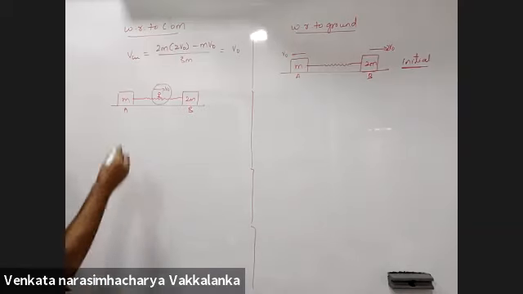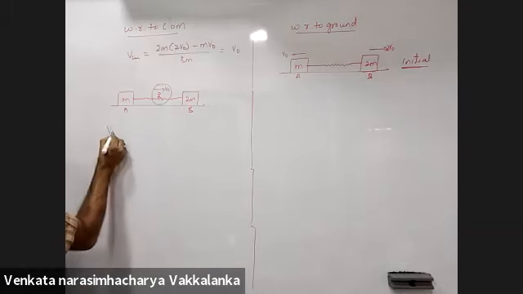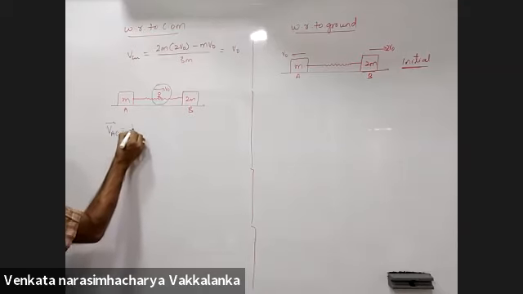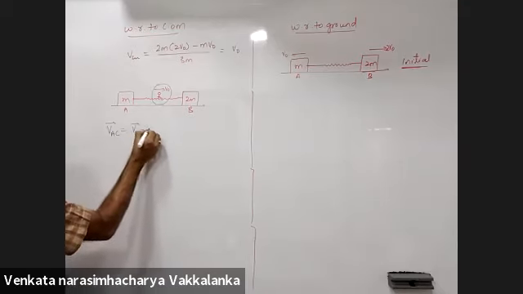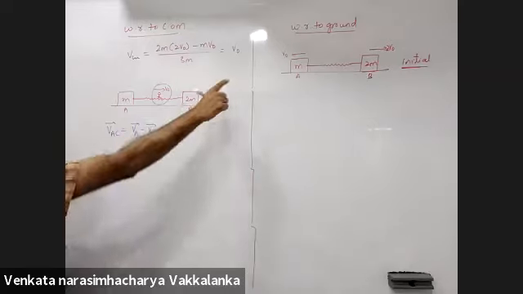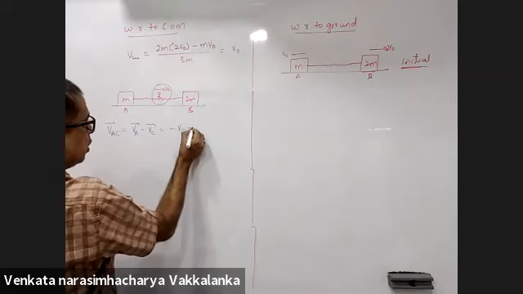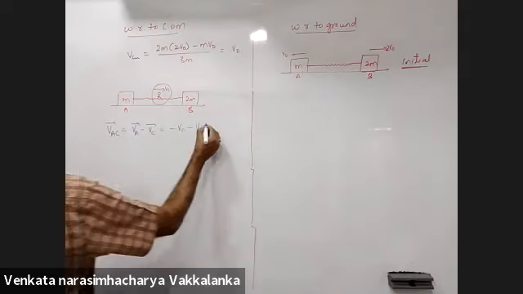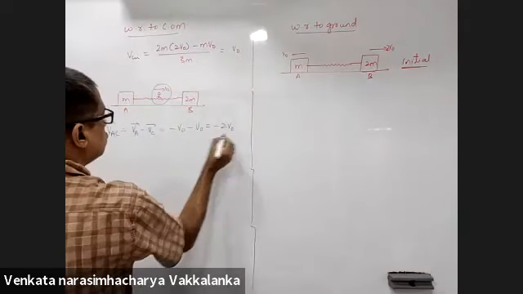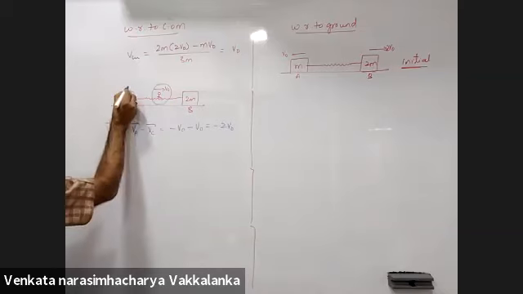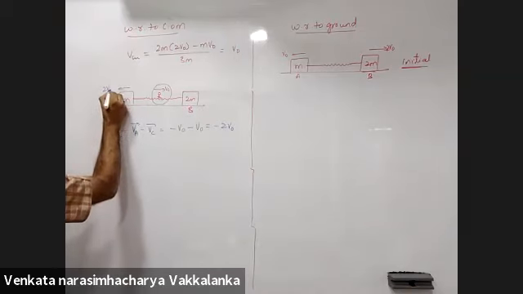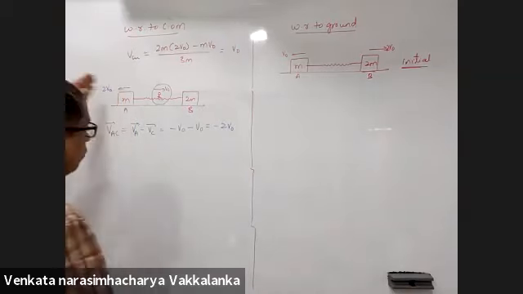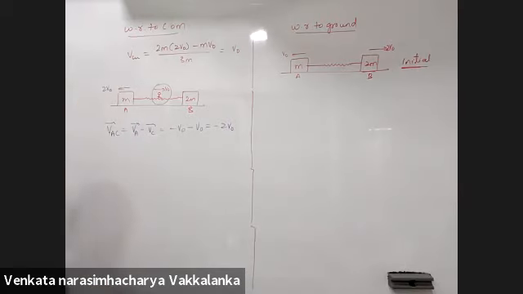Agreed? Now, velocity of A with respect to center of mass is VA minus VC. VA is minus v0, minus v0 gives minus 2v0. That means the person standing on the center of mass will see A moving away from him with a velocity 2v0.